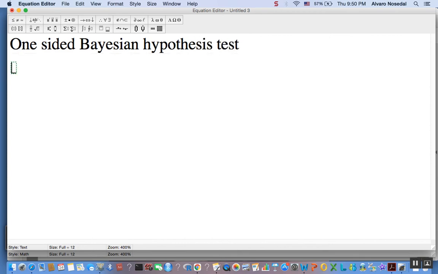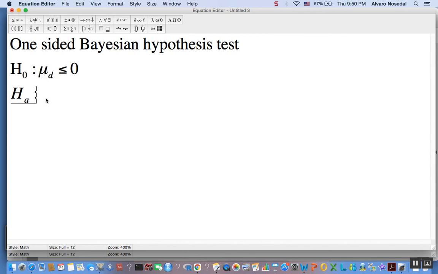So say that you wanted to test something like this: the null hypothesis is that mu sub d is less than or equal to 0, against the alternative that mu sub d is greater than 0.